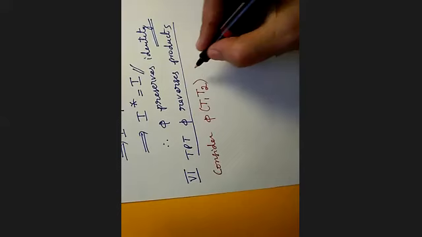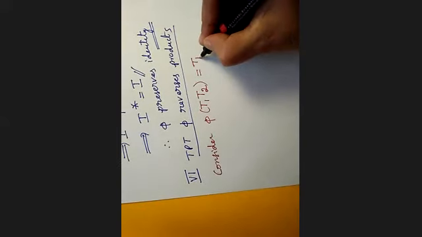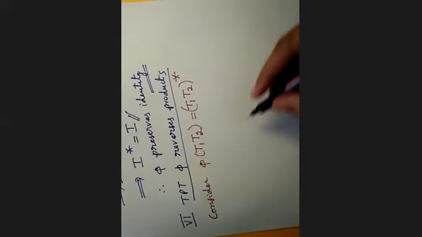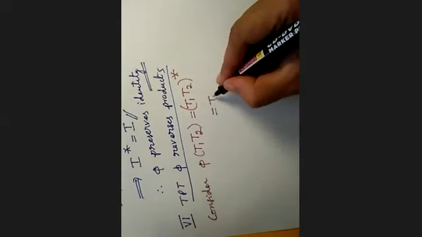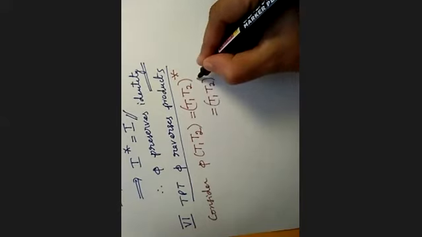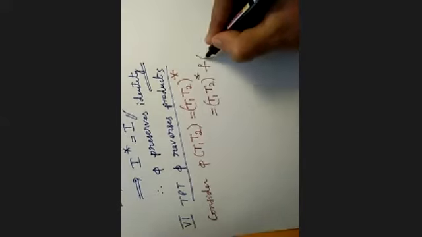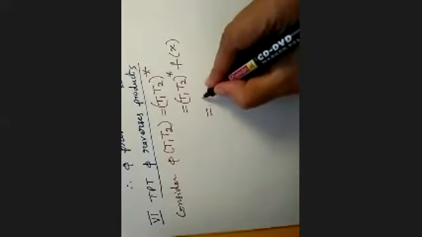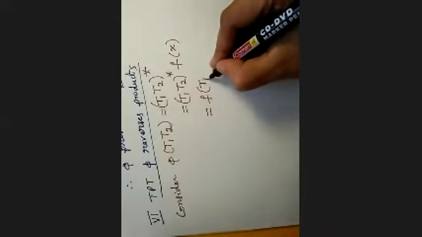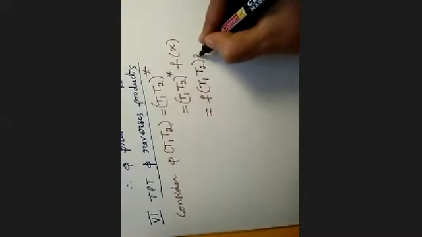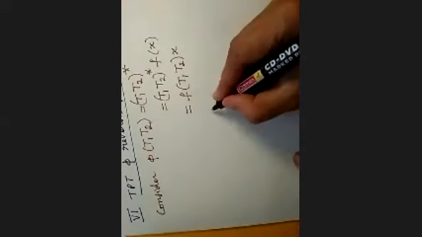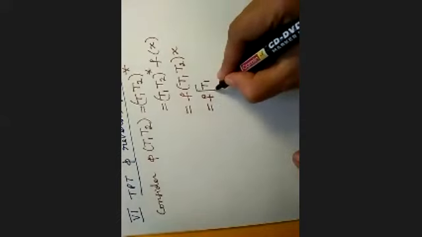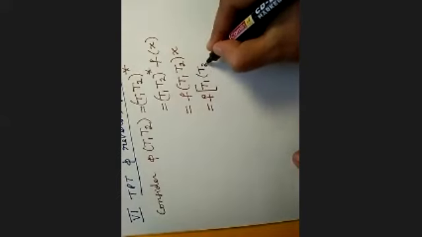By definition, this is nothing but (T1 T2) star, which acts on f at x. By definition, this is nothing but f of T1 T2 of x. That is nothing but f of T1 of, look at the bracket, T2 of x.